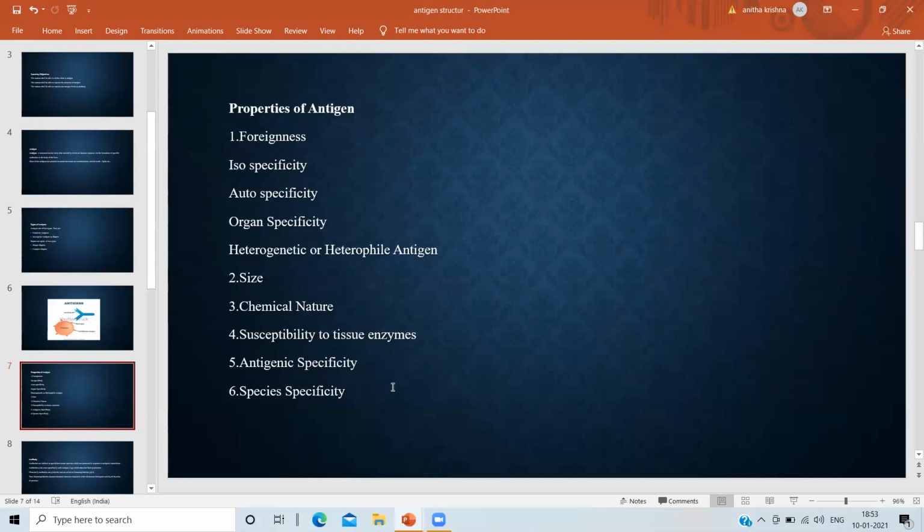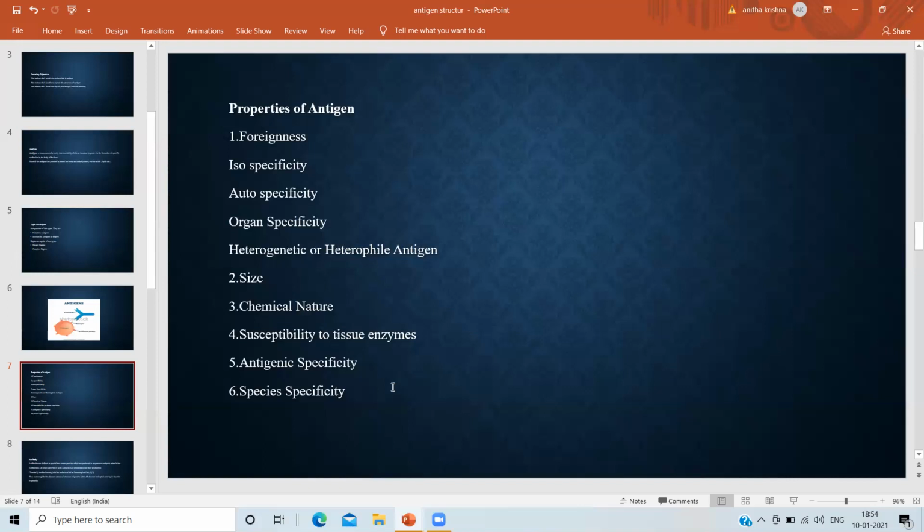And talking about antigenic specificity, it depends on the antigen determinant site on the antigen. As I said, the antigen determinant site is nothing but your epitope. So antigenic determinant sites represent those active sites with which antibodies can react specifically.